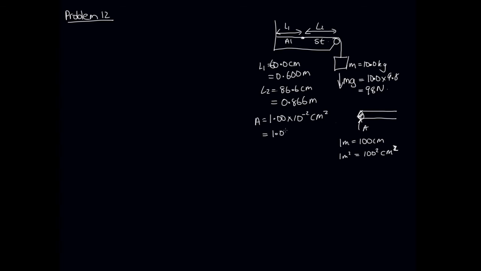So this is 1.00 times 10 to the minus 2 centimeters squared times 10 to the minus 4, that's meters squared per centimeter squared. And so this is equal to 1.00 times 10 to the minus 6 meters squared.